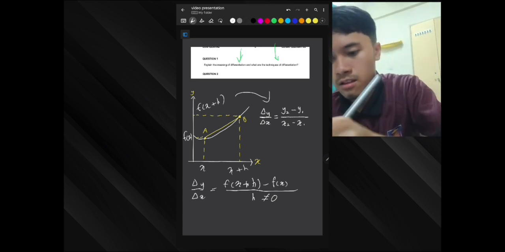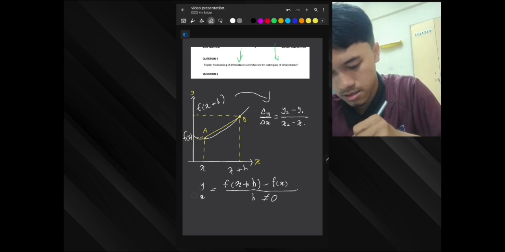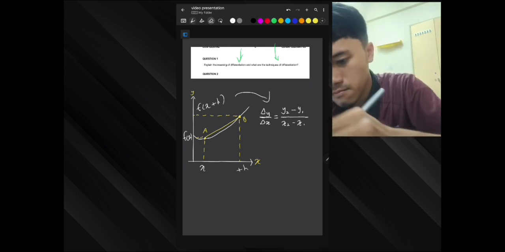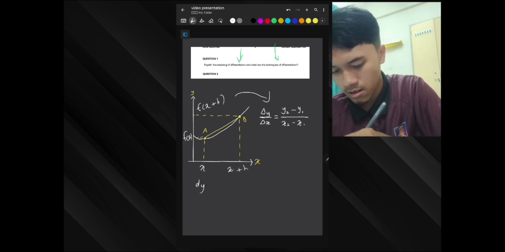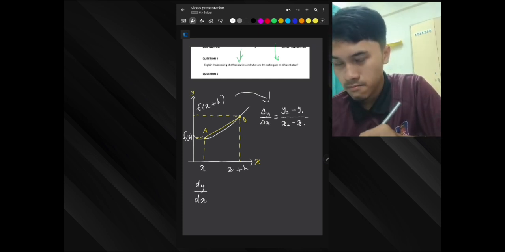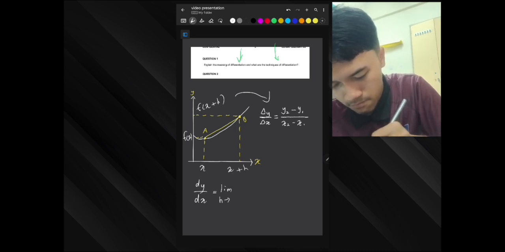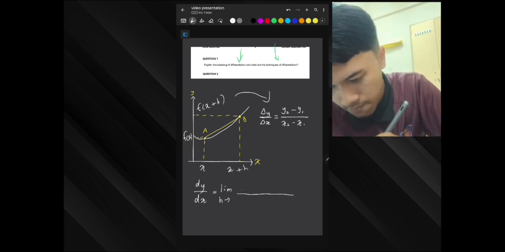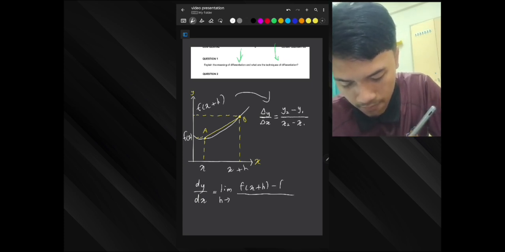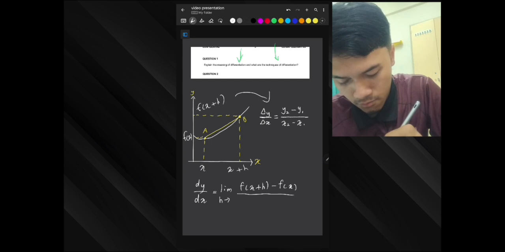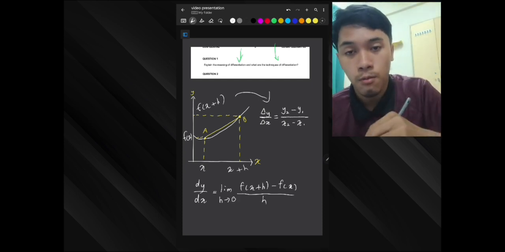So if h is approaching 0, it will become like this: the limit of f(x plus h) minus f(x) over h. So this is the differentiation formula.